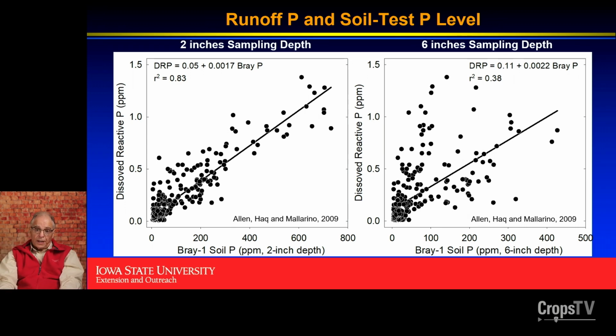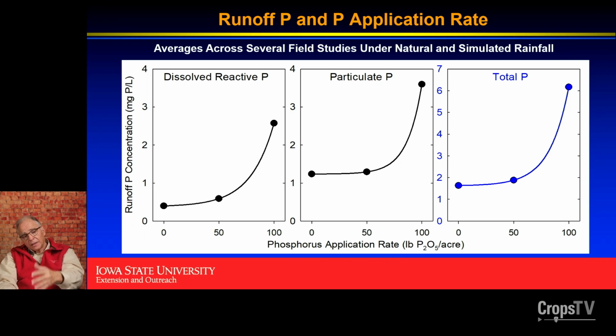put fertilizer. Now, this is the relationship between the runoff P concentration, okay, and the rate for dissolved P, for particulate P, that's the sediment-bound P, and for the total P. So we have many trials, but we have only these 3 rates in most trials.